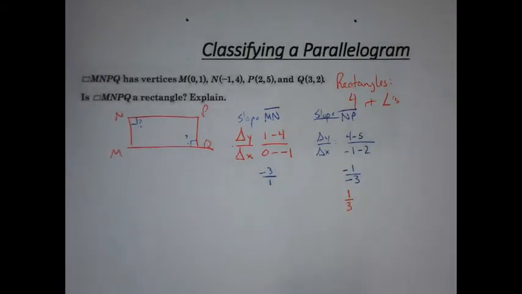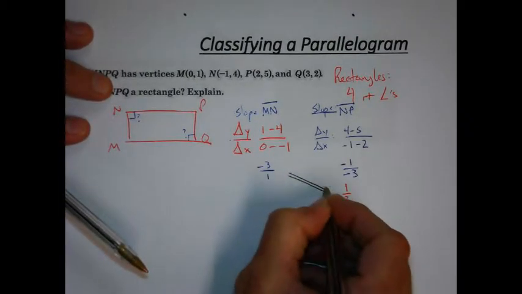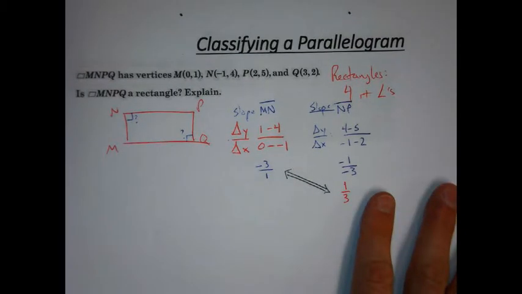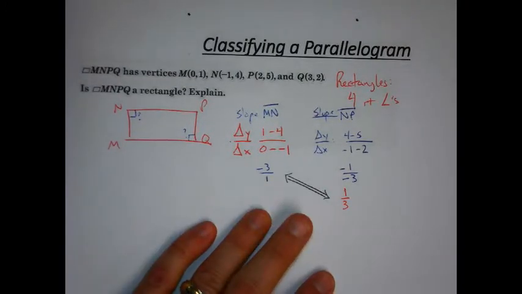Now we have to look at the relationship between these two slopes. Are they opposite reciprocals? Okay, if I flip one and change the sign, do I get the other one? And again, if you did not see the previous videos on parallel and perpendicular slopes, you're not going to be able to do well with this. Clearly, these are opposite reciprocal slopes.